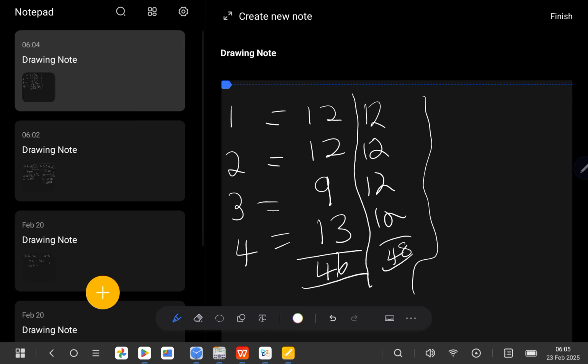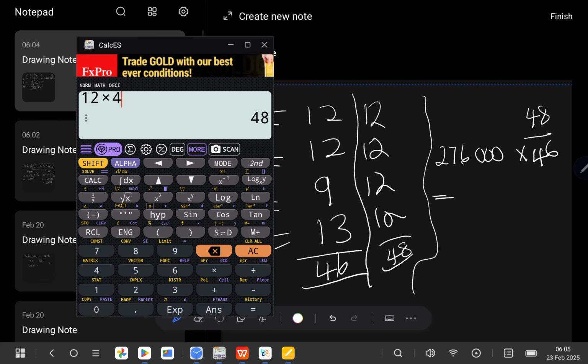So to know how many payments we were supposed to make, we use what is known to us. We know that we've made 276,000 worth of payment. So we're going to multiply by 48 over 46. We just want to know how much we were actually supposed to pay them. Remember, they gave us what they paid: 276,000 multiply by 48, divide by 46.